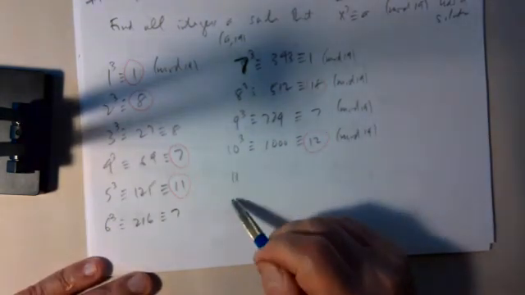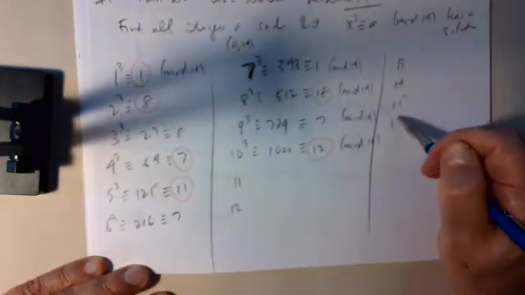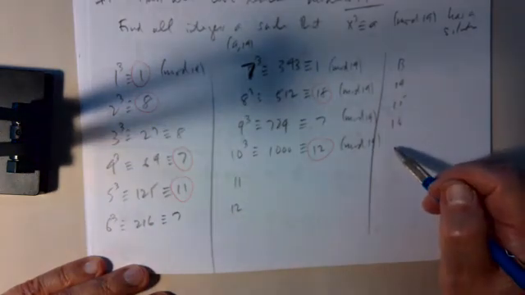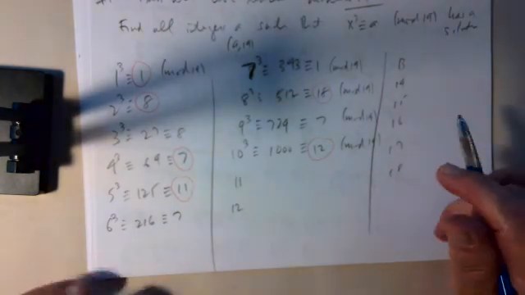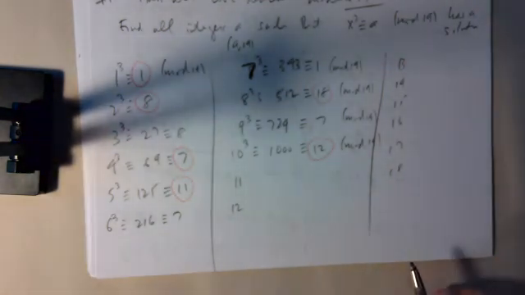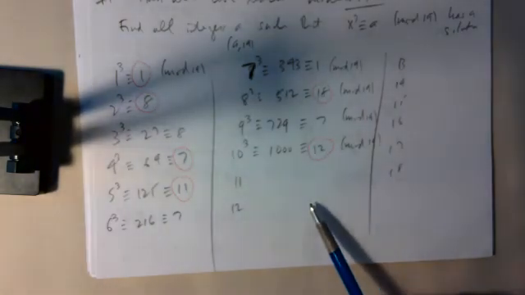Of course, we still have to check 11, 12, 13, 14, 15, 16, 17, and 18. But if you do, I think what you will find is you won't find any new cubic residue.